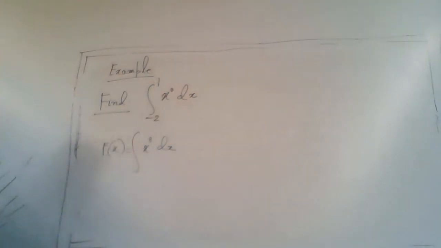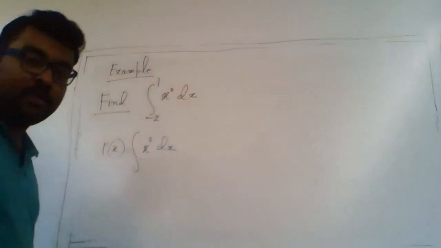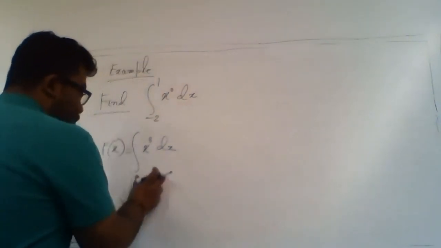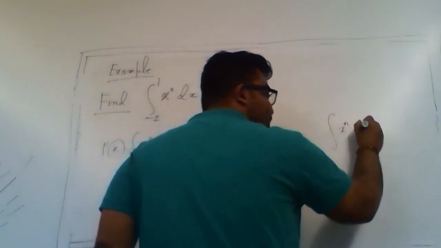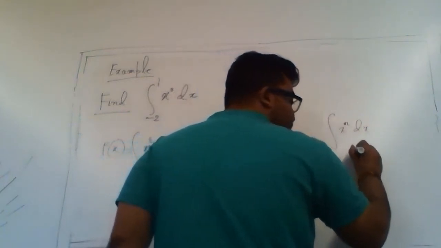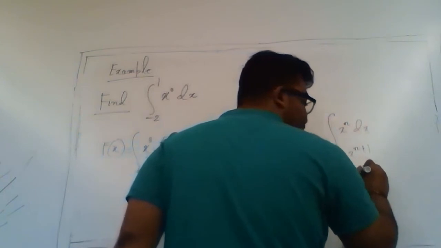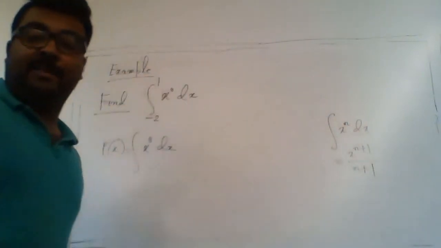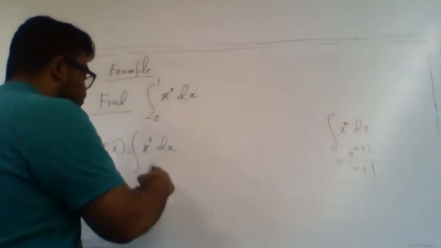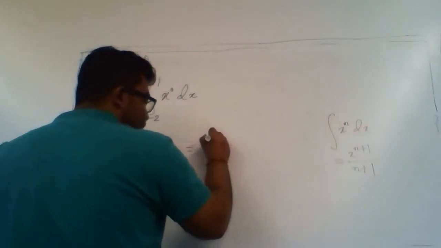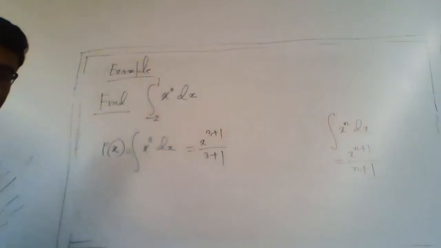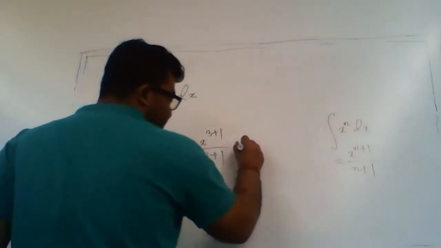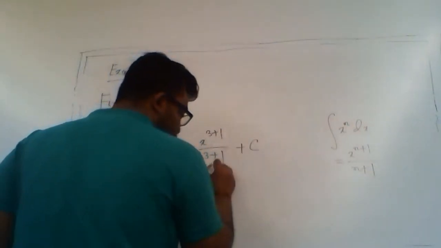And then use the tools that we used in video lecture 1. What was the tool? We studied that the integral of x^n dx is simply x^(n+1) by n+1. That was what we studied in lecture 1. So here n is 3, so it will be x^(3+1) by 3+1, plus, don't forget, c, so you get x^4 by 4.